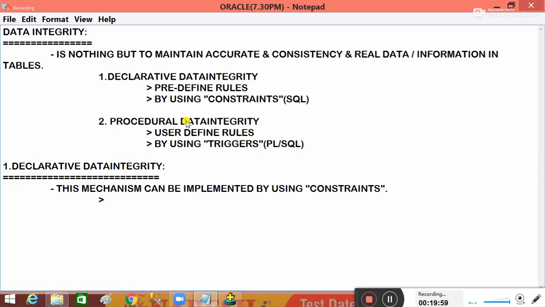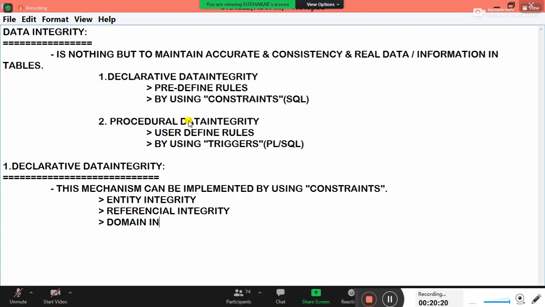But this declarative integrity is again classified into three types. One is called entity integrity, one rule. The second is referential integrity. The next one is domain integrity.